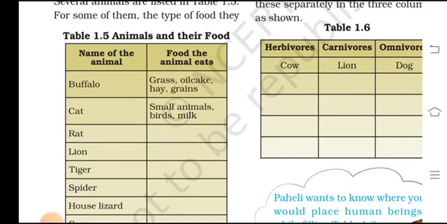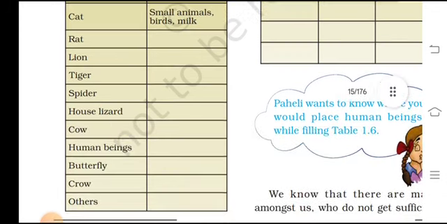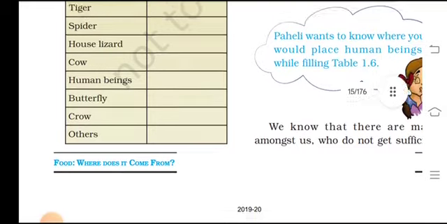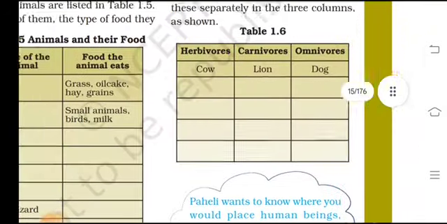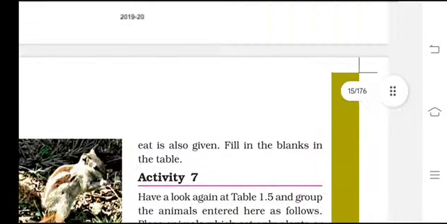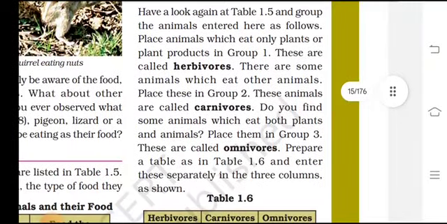Name of the animals: buffalo, cat, rat, lions, tigers, spiders, house lizard, cow, human being, butterfly, and others. Activity 7. Look again at table 1.5 and group the animals entered there as follows.